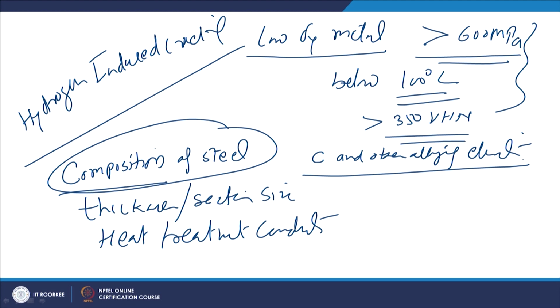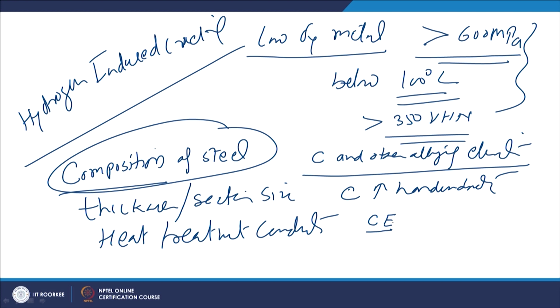Carbon directly increases the hardenability. To account for the effect of other alloying elements similar to that of carbon, a parameter called carbon equivalent is calculated. When the carbon equivalent is calculated, it gives us an idea about the hardenability which will be shown by a given steel, and that in turn determines the ease of welding or the weldability.